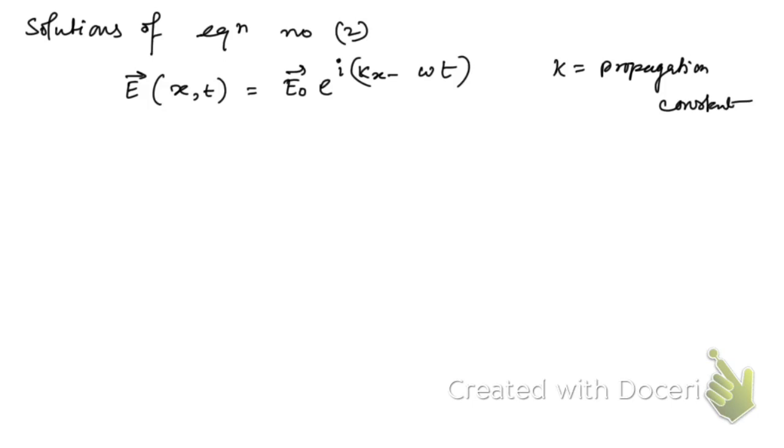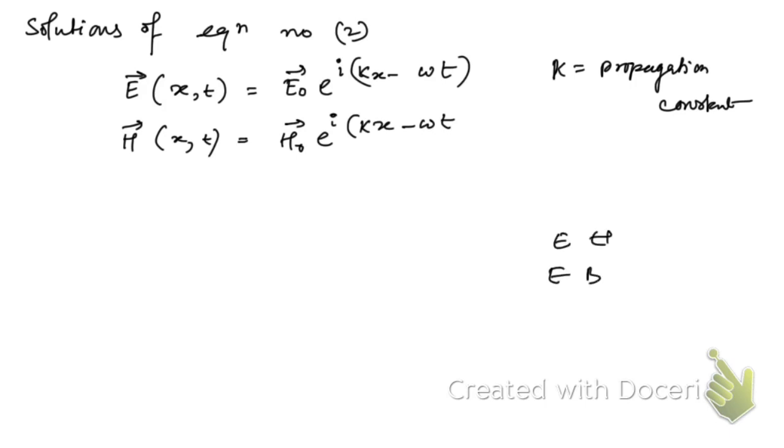Hope you know these things. Similarly, in the case of magnetic field we can write H naught e to the power i(kx minus omega t), and we are to prove that E and H, or E and B, are in the same phase.